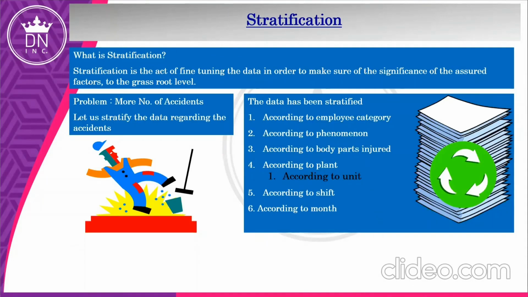We can segregate this problem into different categories. On the right side you can see, you can stratify according to employee category, according to the phenomena, according to the body parts injured, according to plant or unit, shift wise, or month wise. These are the categories by which you can stratify the data. Then identify which one has the major impact.